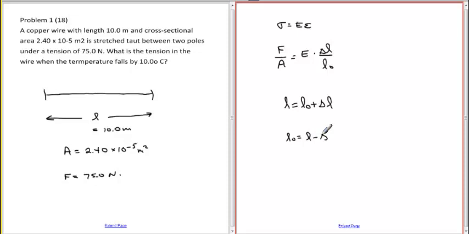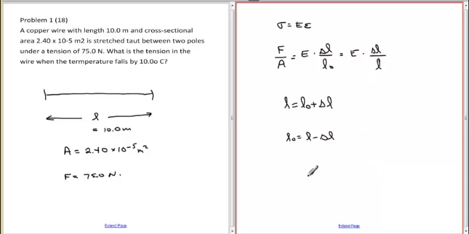L0 is going to be equal to L minus delta L. So we could put that up here: delta L over L minus delta L. What we're going to do is solve for delta L. Basically, how much do we need to stretch it to cause the initial conditions? Well, actually, the difference between L and L0 is so small, it just makes the problem easier. So I'm going to use L here instead of L0. It's not going to cause that much of a difference in our calculation.